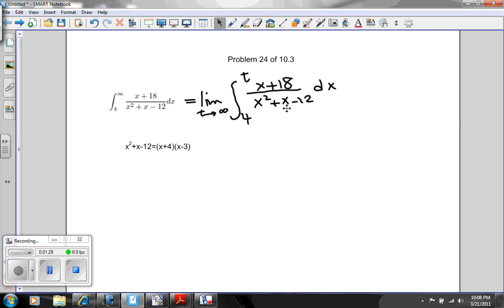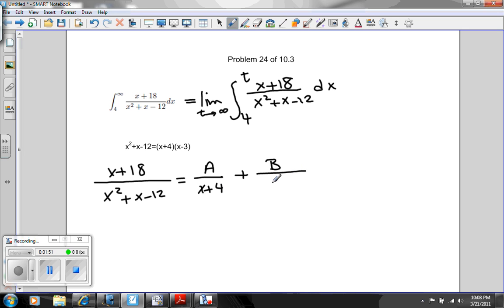So let's do the partial fractions: (x + 18) over (x squared + x - 12) equals A over (x + 4) plus B over (x - 3). Taking the common denominator, you need to multiply by x - 3, so you get A(x - 3) over (x + 4)(x - 3).